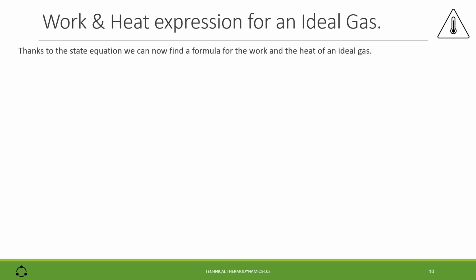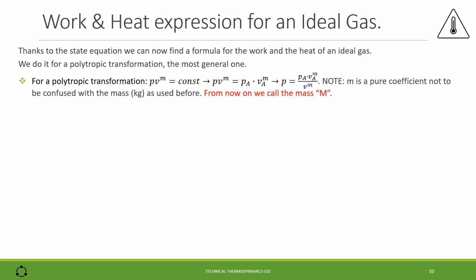Here we want to find some expressions of the work and heat for an ideal gas. And thanks to the state equation, we can find some relatively simple formulas. We do it for a polytropic transformation that is the most general one. For a polytropic transformation, we remember that the product between P and V to the m power is constant.